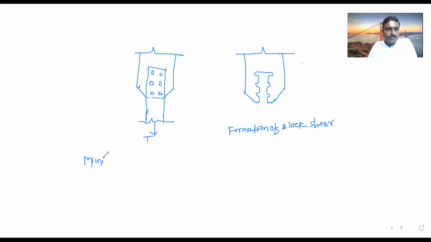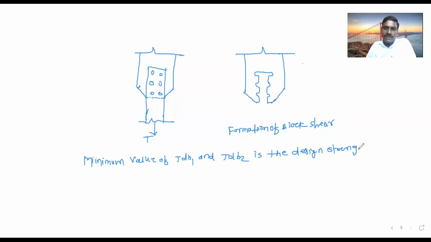Minimum value of TDB1 and TDB2 is the design strength of block shear.